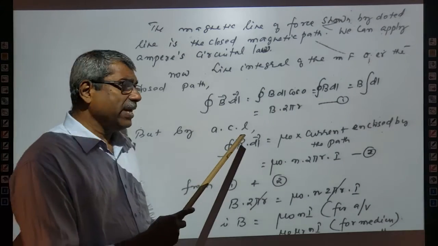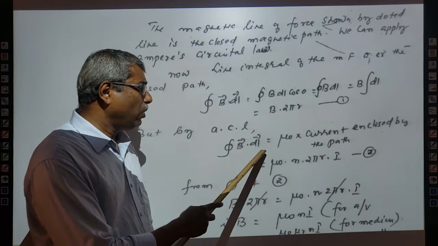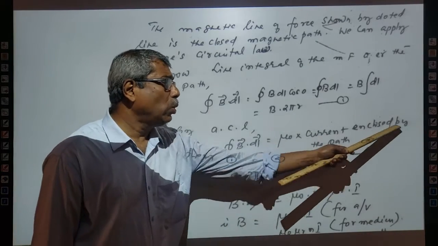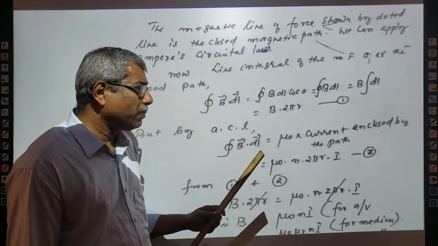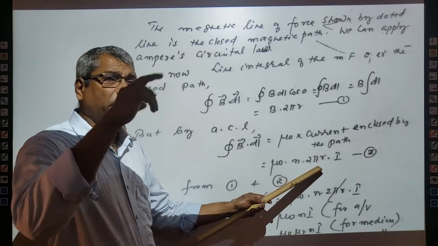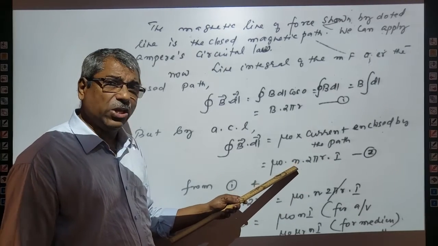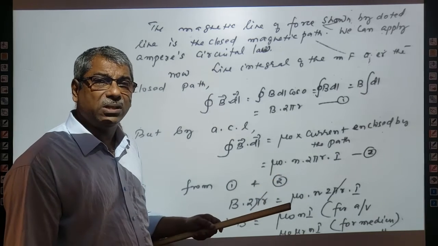Now, what does ACL say? ACL means Ampere's circuit law. The line integral of the magnetic field over the closed path is equal to mu 0 into the current enclosed by the path. How much current is it enclosing? The total path has a length equal to 2 pi r. The toroid has n number of turns per unit length.